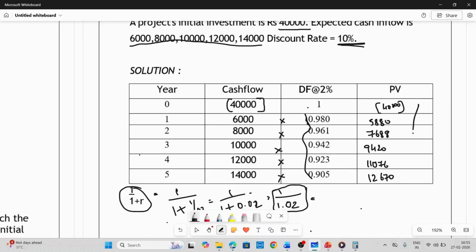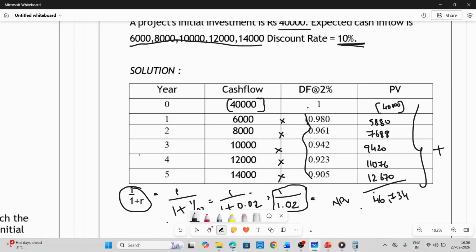So add all this, and you will get NPV equal to 46,734. This is your first NPV.